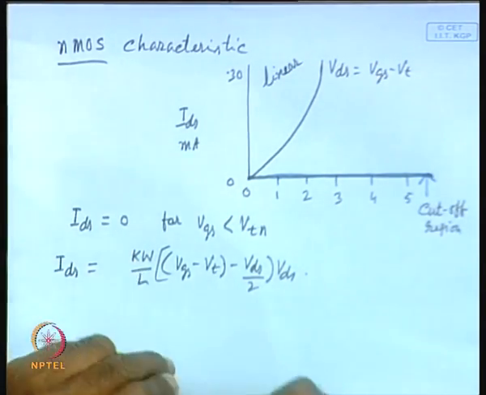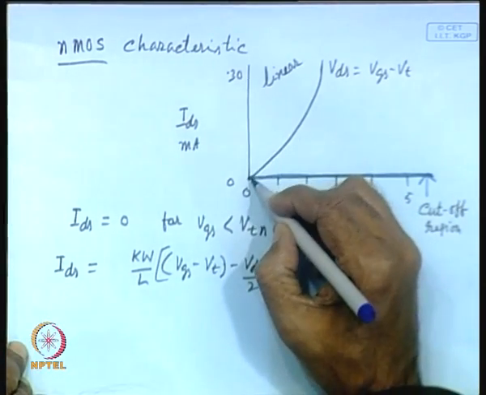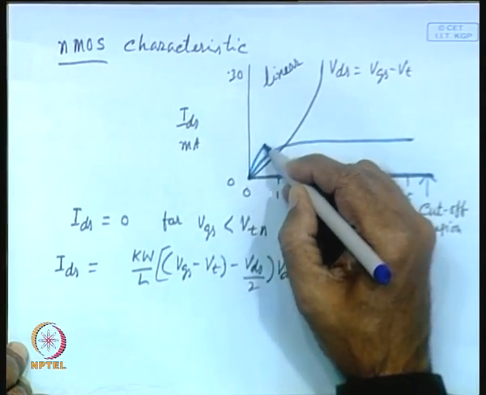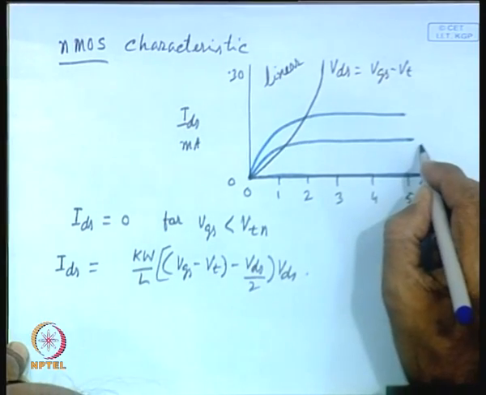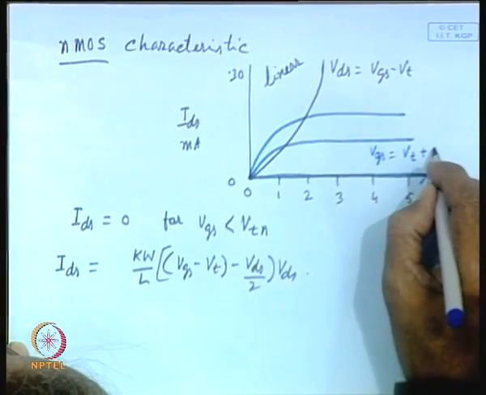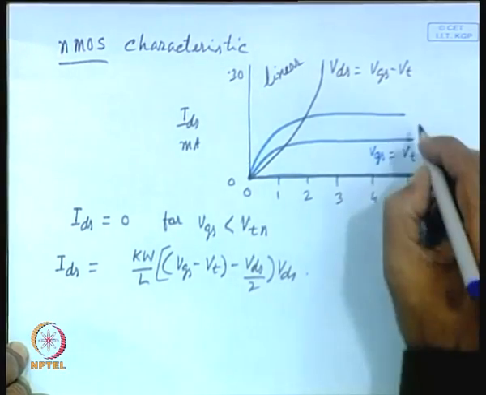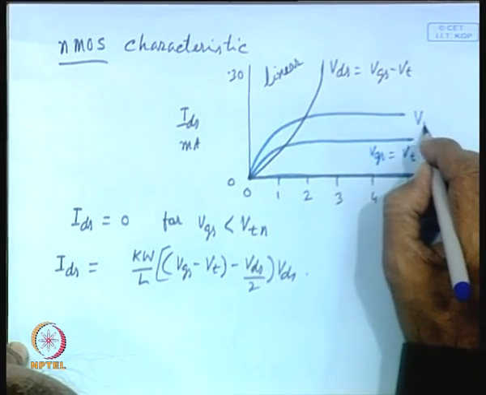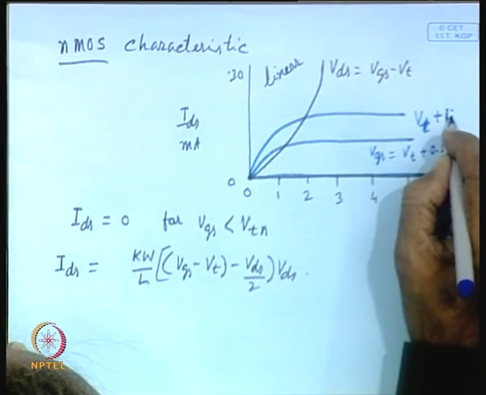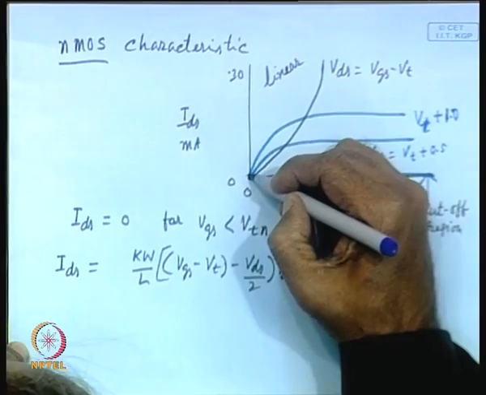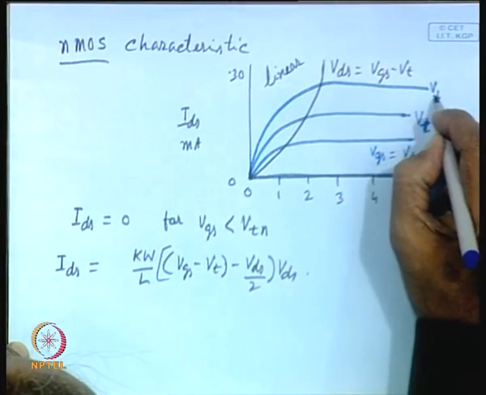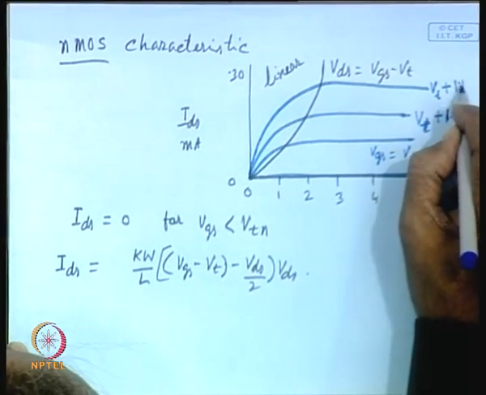Obviously, there will be different curves for different gate voltages. Say this corresponds to, let us assume, VGS equal to VT plus 0.5 volt. This corresponds to VT plus 1.0 volt, and this will correspond to, let us assume, VT plus 1.5 volt.